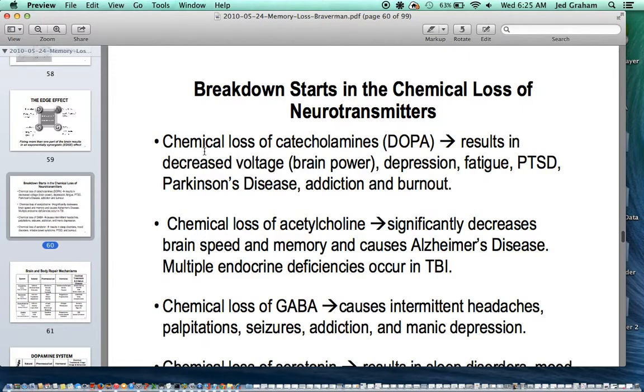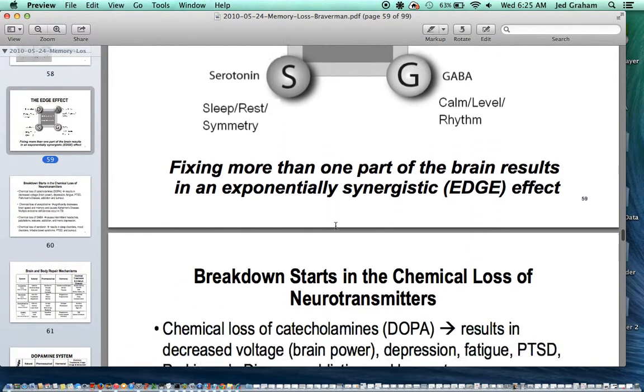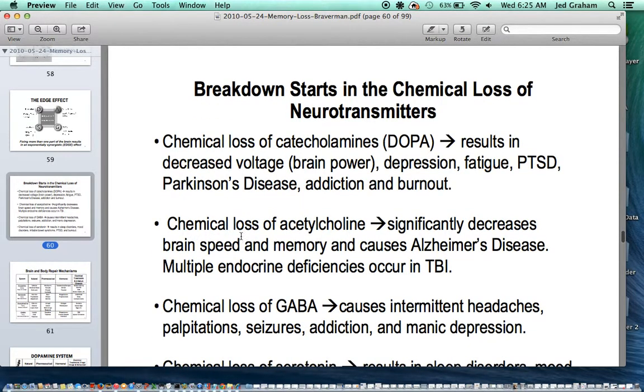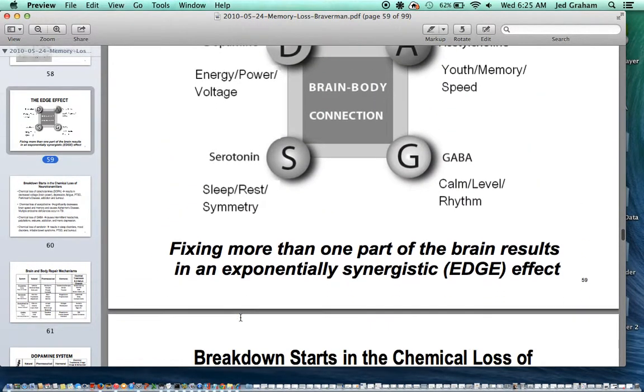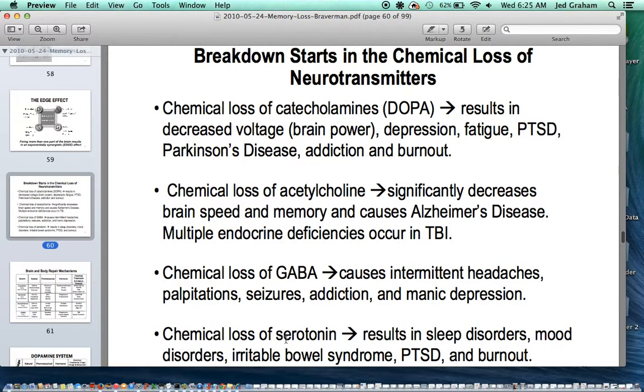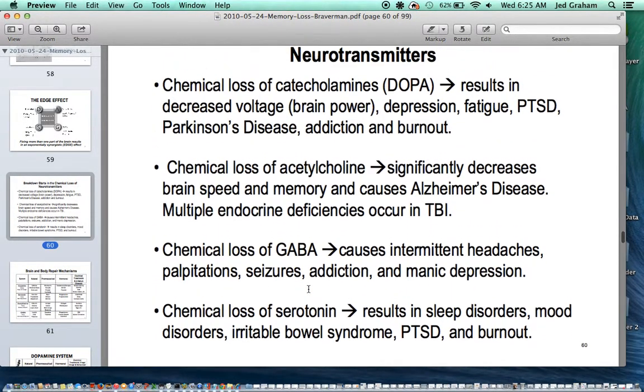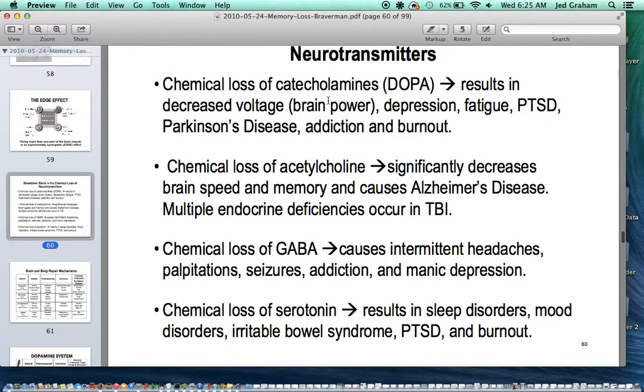So basically we're looking at, there's catecholamines, which is the dopamine right here. There's acetylcholine, which is in this corner right up here. There's serotonin right here, and then there's GABA. And the specific issues here, you can see catecholamines result in decreased voltage, which is brain power.